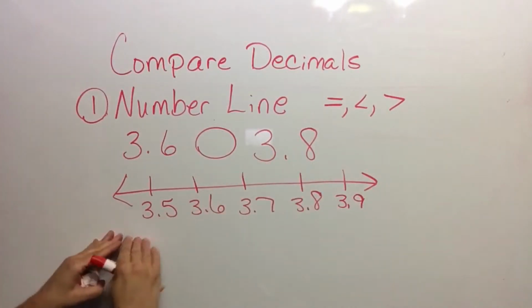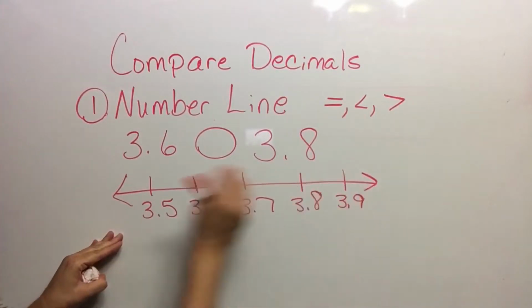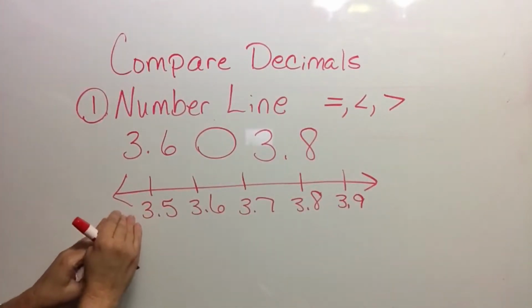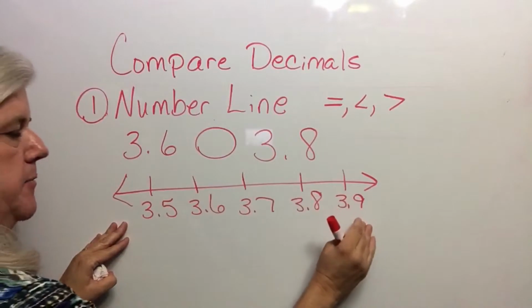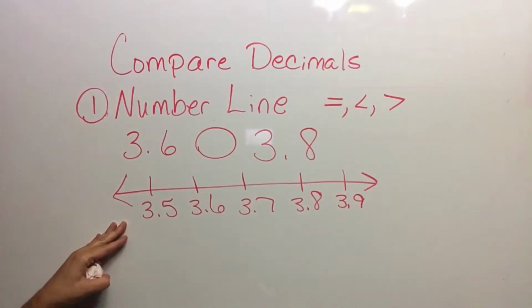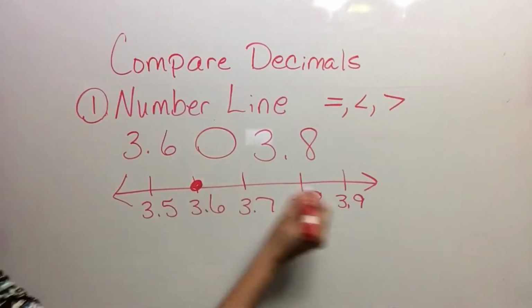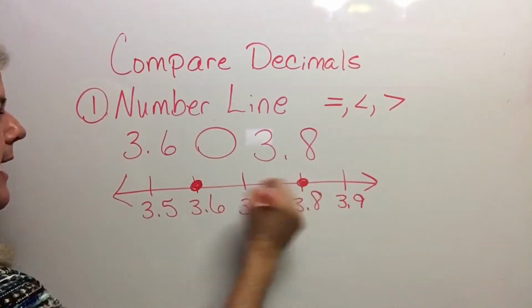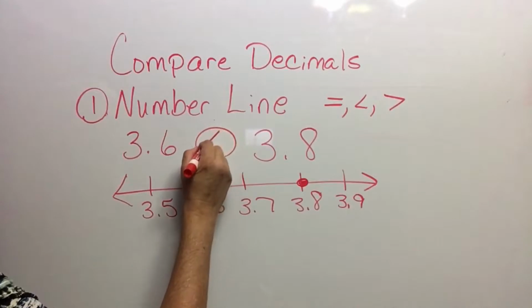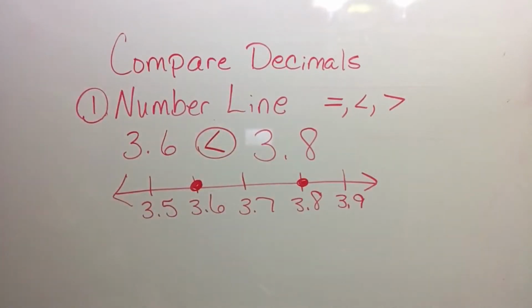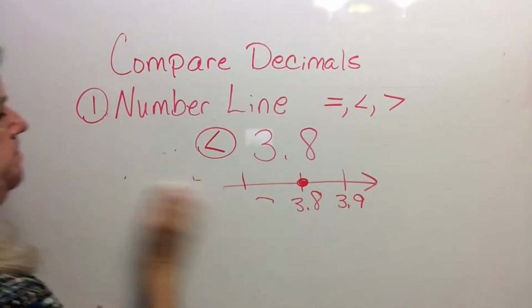Now remember, numbers that are to the right are greater than numbers to the left, and numbers to the left are less than numbers to the right on a number line. So if I find 3.6 and 3.8, I can see that 3.6 is less than 3.8. Let's look at one more.